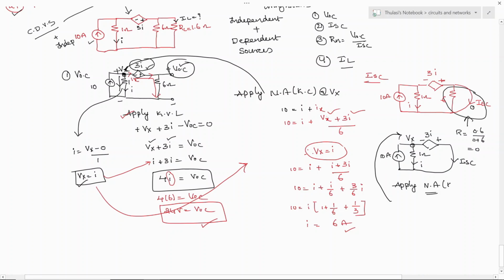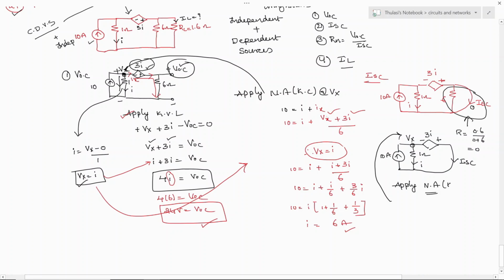So Vx is equal to minus 3 into Vx. Therefore the value of Vx is equal to 0. Whenever Vx is equal to 0, substitute in this equation. So 10 is equal to 0 plus Isc. So successfully we have found the value of Isc as 10 amperes.